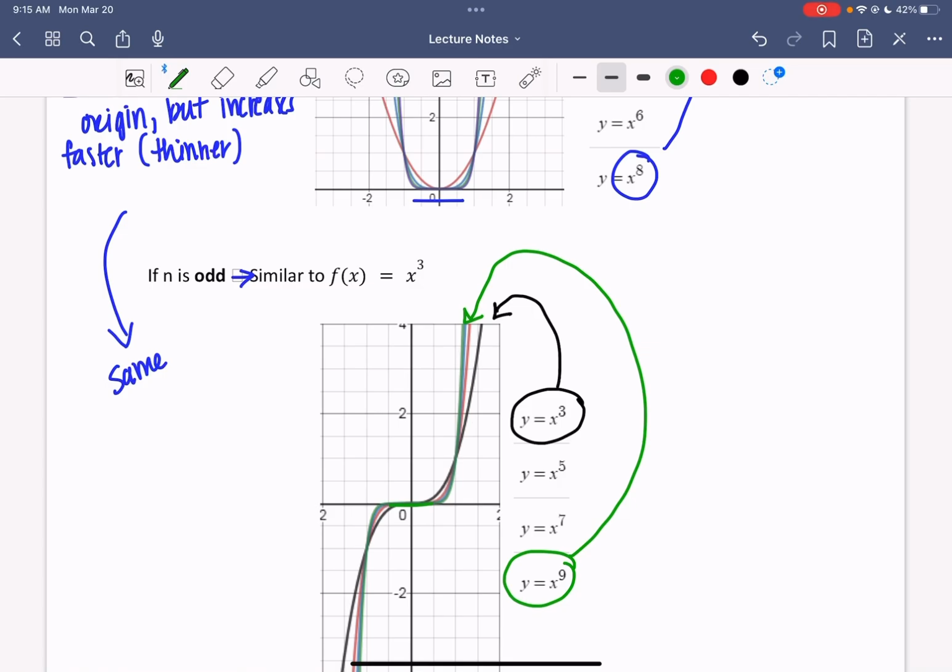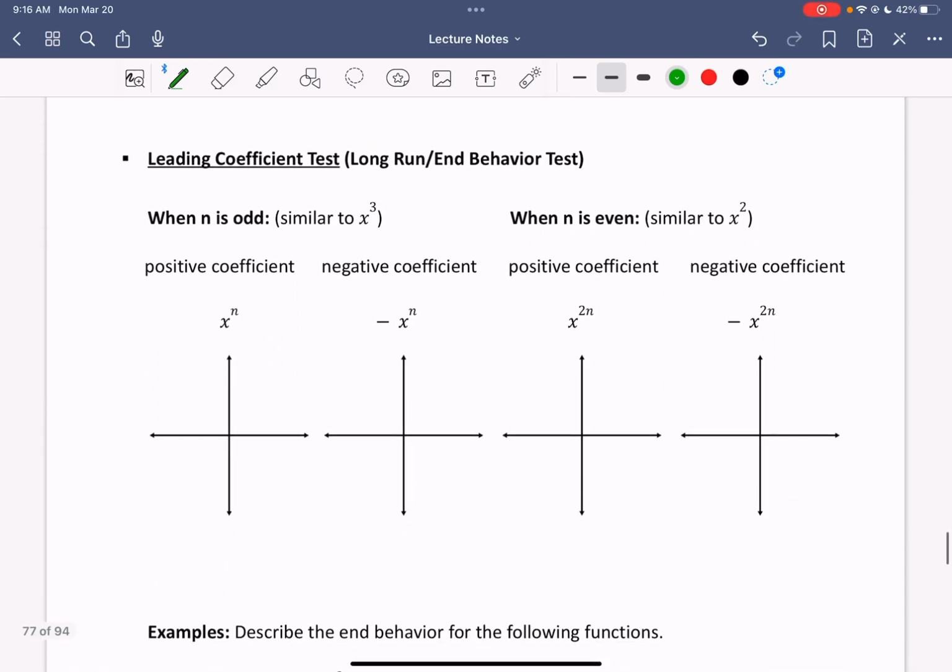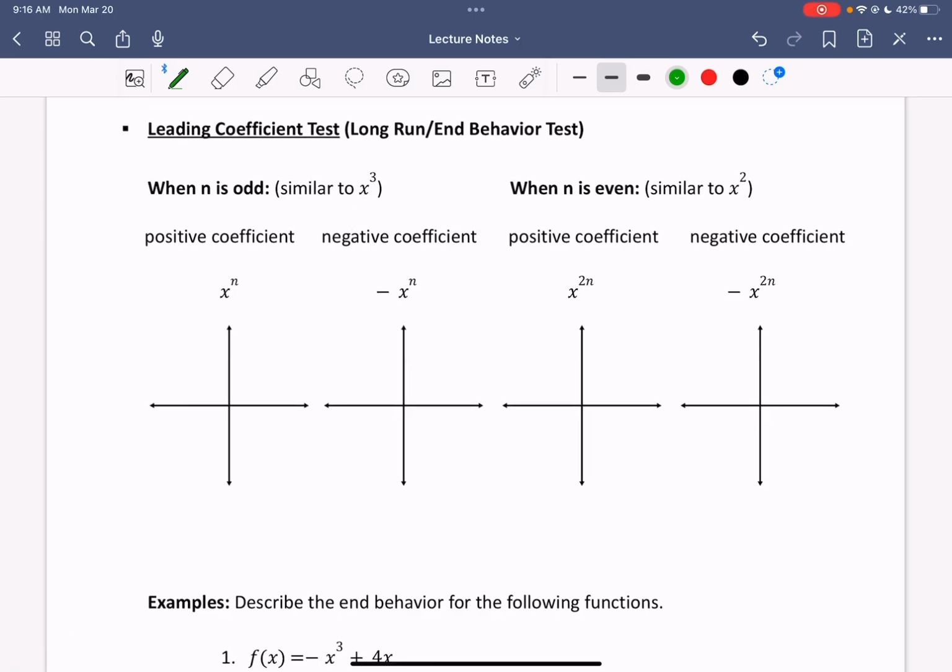And so knowing how your basic parent functions for polynomials are going to react is going to tell us another characteristic. And this leads us into the leading coefficient test, or the long run or end behavior test, just depending on what question you're reading. And we can base them into 2 different groupings here. We can say, okay, let's look at when n is odd.